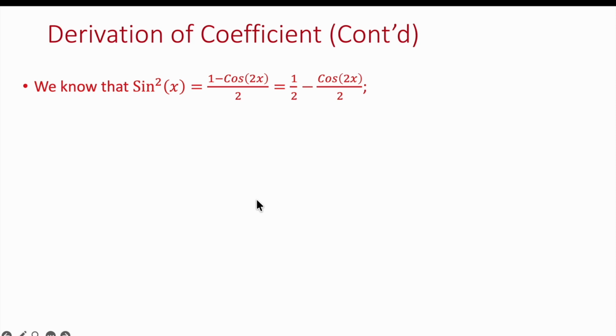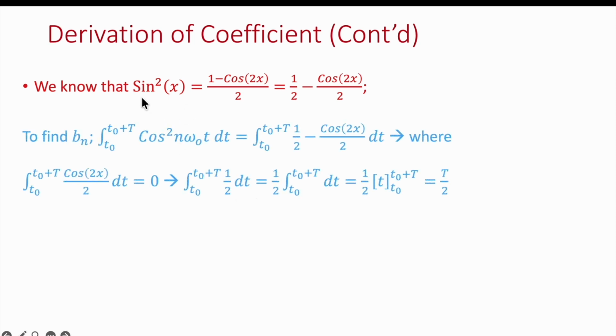Similarly, you can do it for the odd coefficient, because we know that sine square x is equal to 1 minus cos 2x by 2, which is 1 by 2 minus cos 2x by 2. If you take the integral of that cos wave, the answer is 0. And the integral of the constant 1 by 2 we have already derived, which is T by 2.